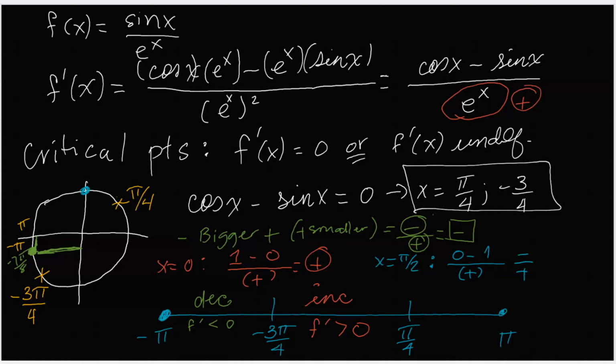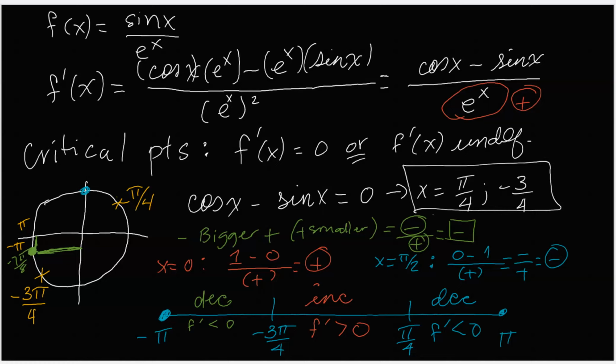Negative divided by a positive is a negative. Okay, so this function right here, the derivative is less than 0, so the function is decreasing. Okay, so those are the intervals of increasing and decreasing.